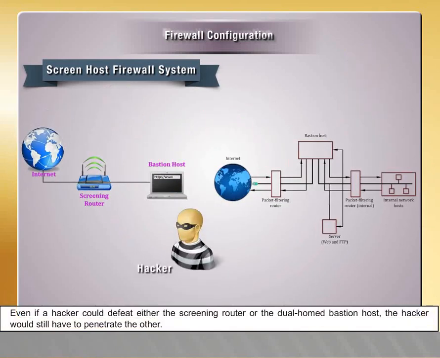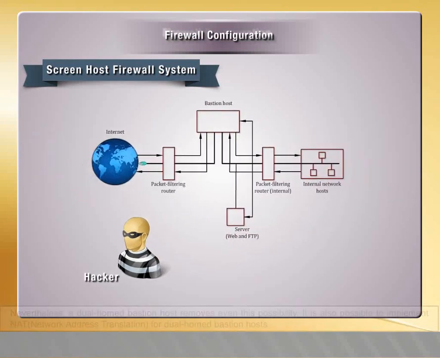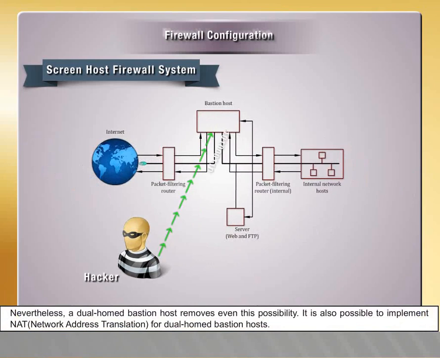Even if a hacker could defeat either the screening router or the dual-homed bastion host, the hacker would still have to penetrate the other. Nevertheless, a dual-homed bastion host removes even this possibility. It is also possible to implement NAT, Network Address Translation, for dual-homed bastion hosts.